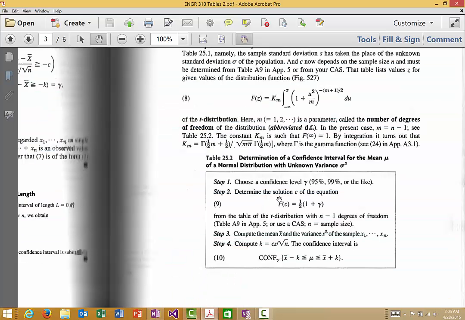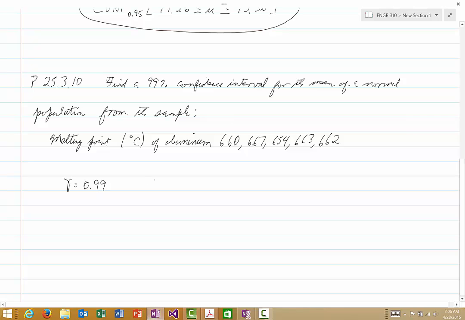The next step is to determine the solution C of the equation f of c equals 1/2 of 1 plus gamma. And to do this, we're going to use table A9 in Appendix 5. Well, first of all, let's look at this equation. F of c is 1/2 of 1 plus gamma. So let's write that down. F of c is equal to 1/2 of 1 plus gamma.